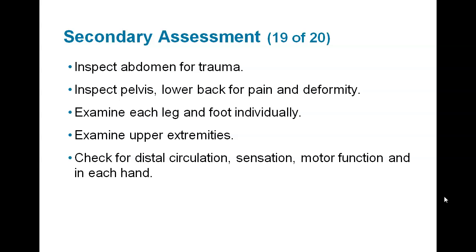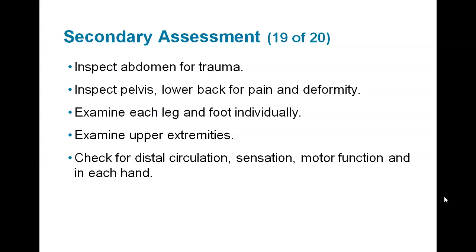So you're checking for weakness, numbness, or tingling. One of the ways that you would assess that is you're obviously going to check pulse, so you would check a radial pulse. You would ask them, can they wiggle their fingers? And you would tap their fingers and ask, hey, can you feel this?